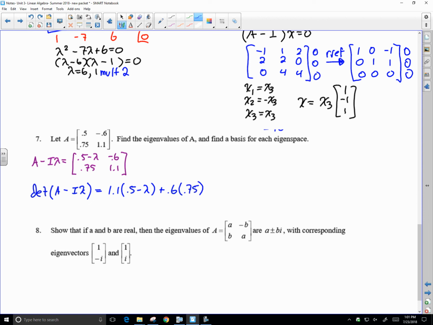I'll just run the calculations real quick. 0.1 times 0.5.